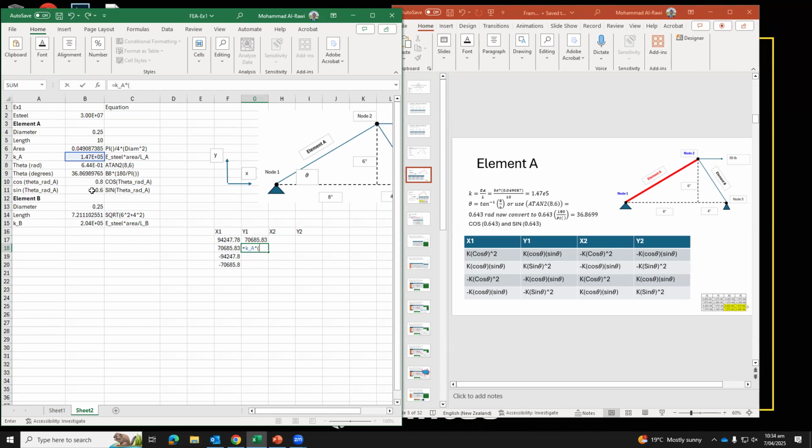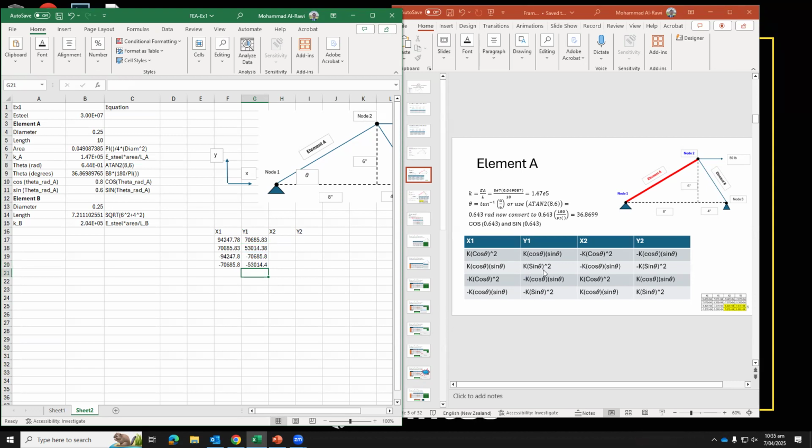Here will be sine theta squared, minus cosine theta sine theta. So I already got the k cosine sine theta. So equals this one times minus 1. And we give you the value. And this one equals this times minus 1, because it's the same.